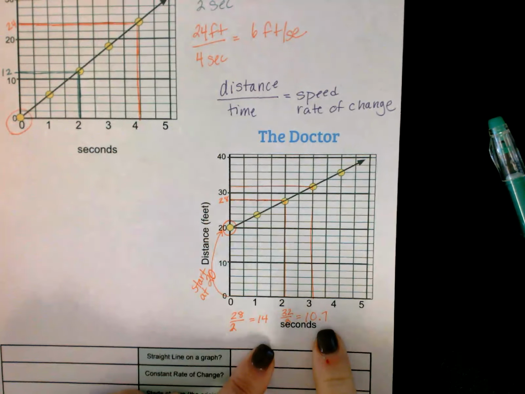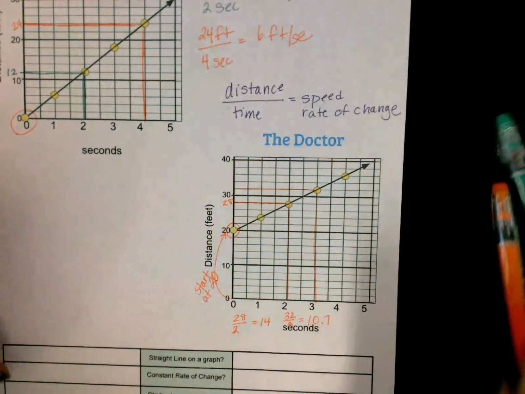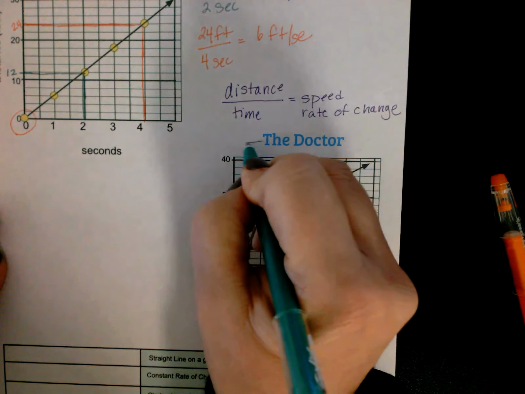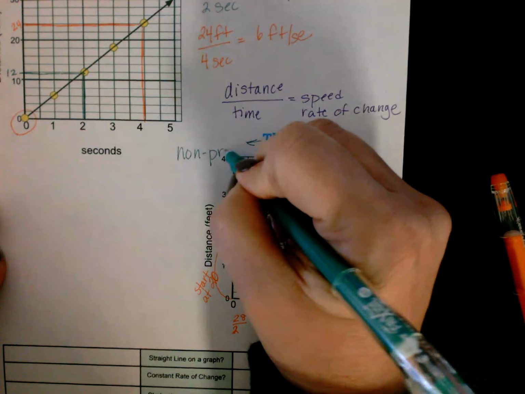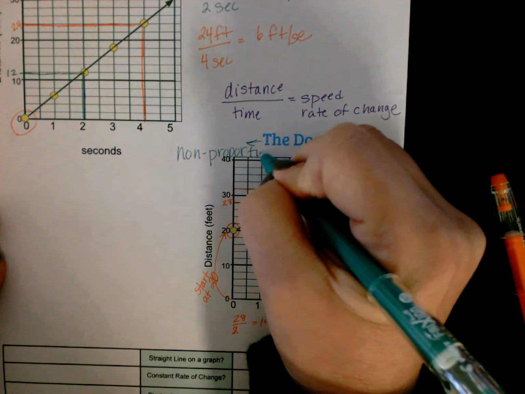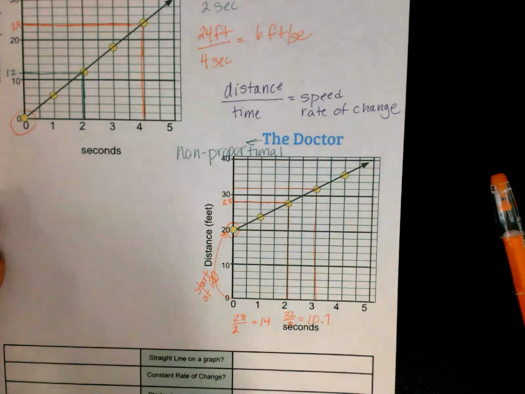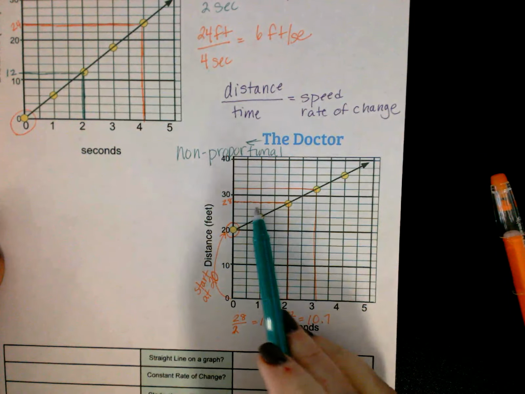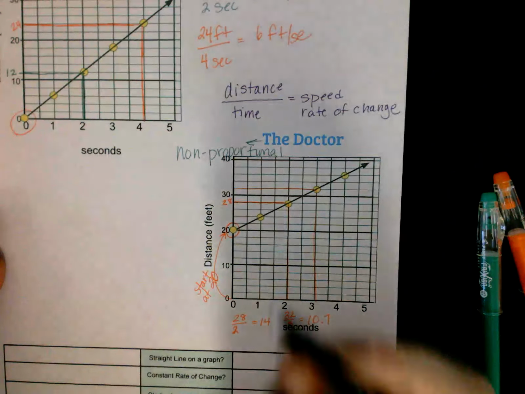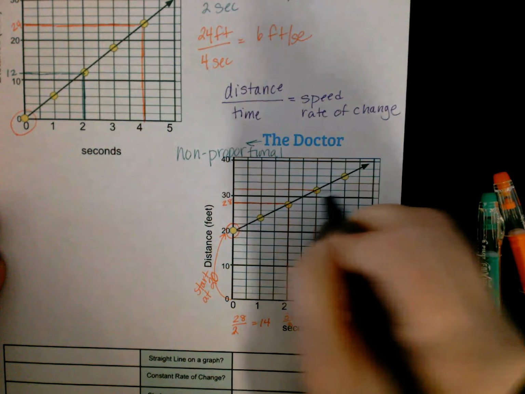Again, I'm not getting the same answer. Instead, because the doctor was non-proportional, big words meaning didn't start at 0, I need to just look at the difference between the points.